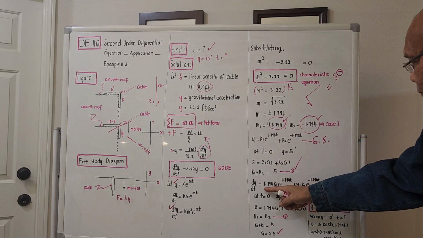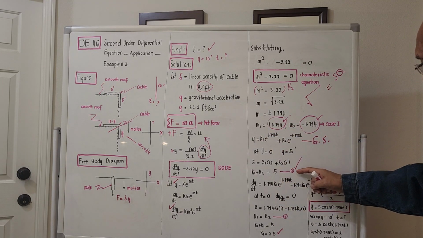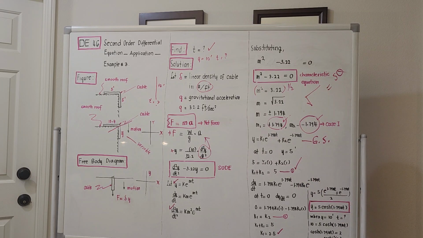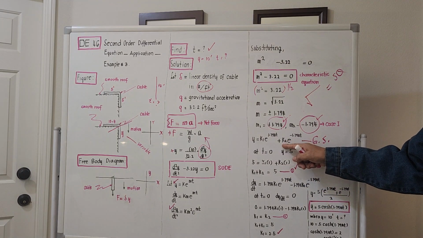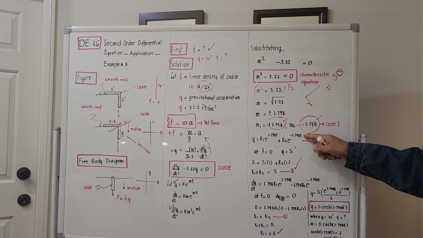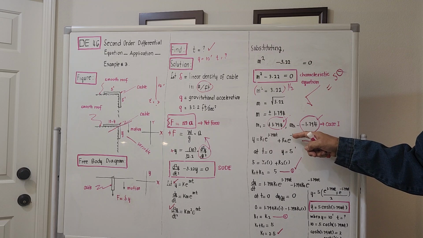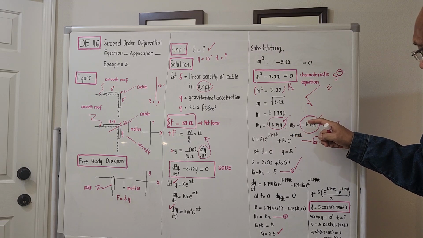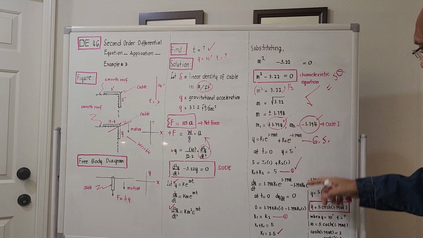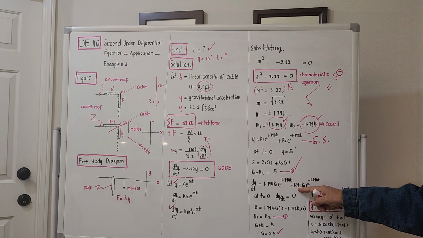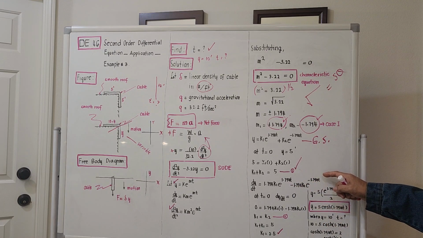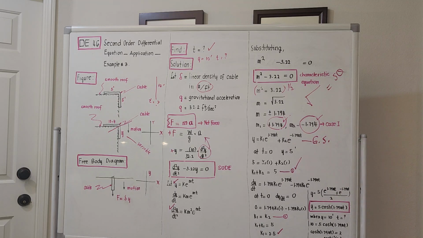So this is 1.794 K1 e raised to 1.794t. And for the second part, it should be K2, and the derivative of the exponent is negative 1.794 times 1. Negative 1.794 times K2, this should now become negative 1.794 K2 e raised to negative 1.794t. Okay?